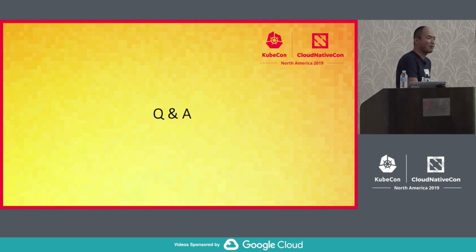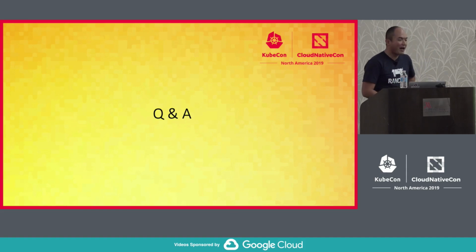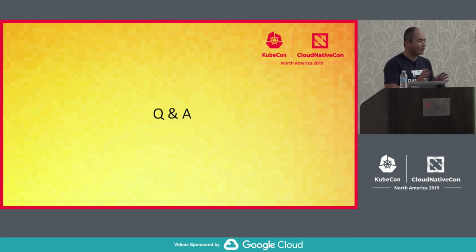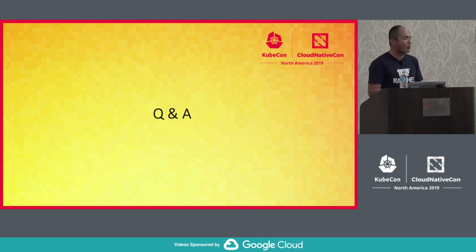So I don't believe many projects support upgrading in the alpha stage, but we are putting a lot of effort into making sure that users have a smooth transition, because we know that the early adopters are really important to us. And we want to make sure that we get the feedback. We make sure we fix every problem we can think of. So that is why we want to make this user experience great, and that's why we support upgrade.